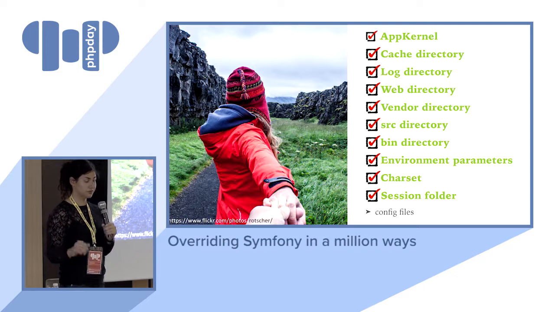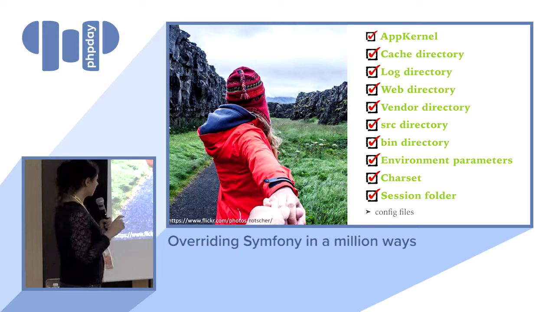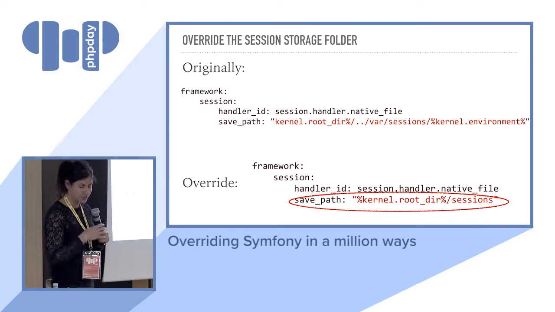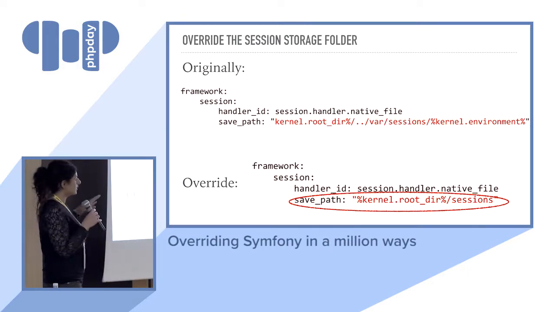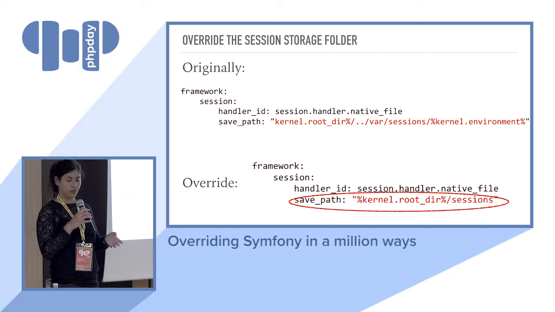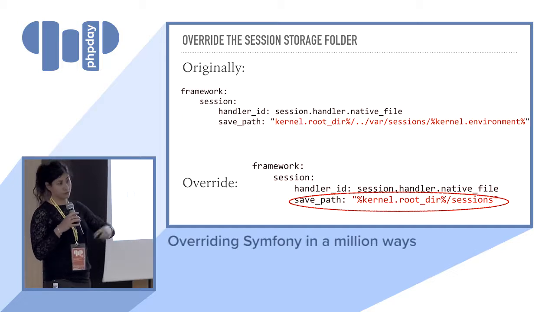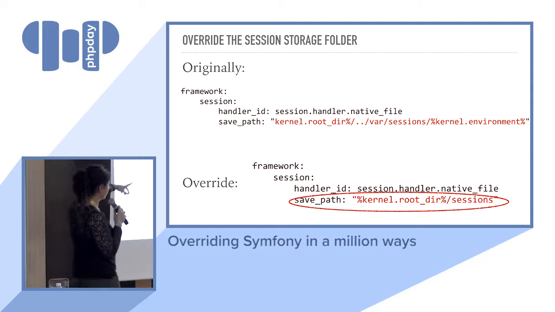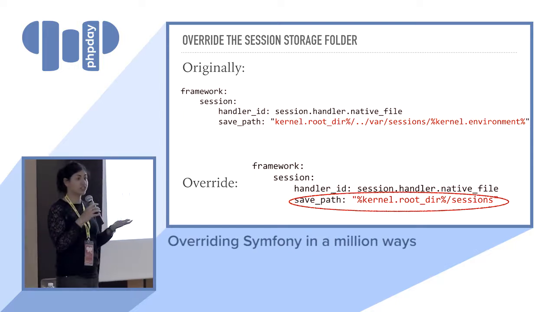Session folder. By default, it's in which folder? var session, right? Okay, so again, if you want to change it, now it's in your configuration. Under framework, for the framework bundle, you have something called session, and you have the save path here, depending on which handler you are using.